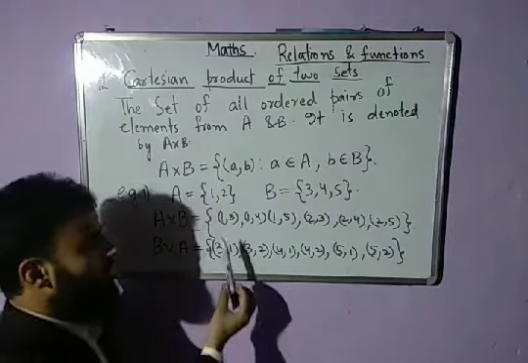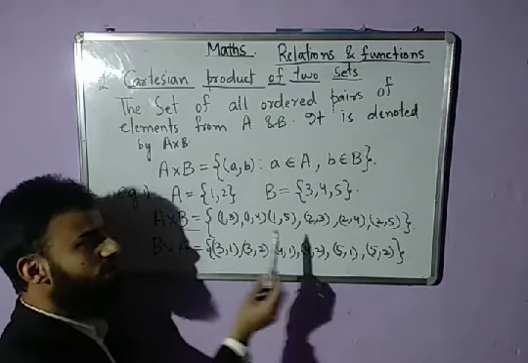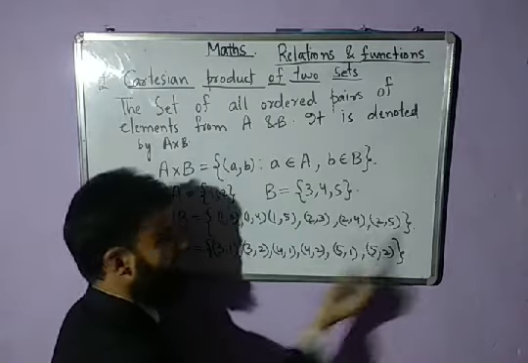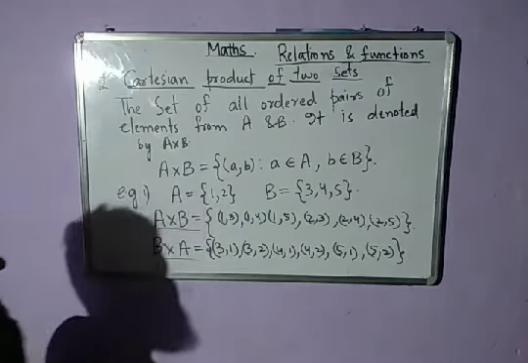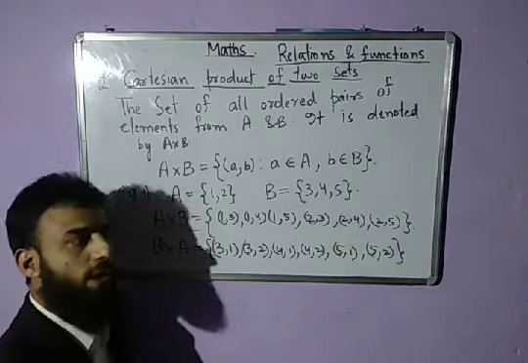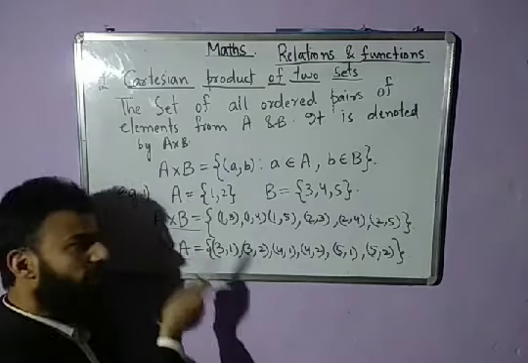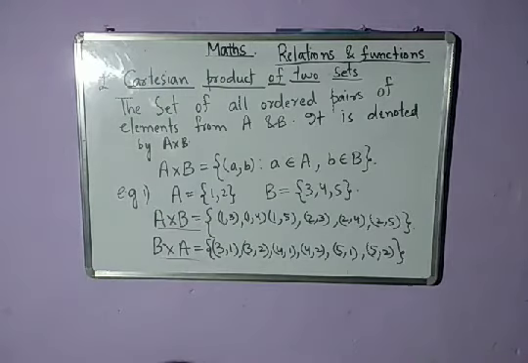But here we can see one thing: the number of elements in A cross B is 1, 2, 3, 4, 5, 6. Here also 1, 2, 3, 4, 5, 6. So even if A cross B and B cross A are not equal, the number of elements in A cross B and B cross A are equal. This is very important. One has to note this.